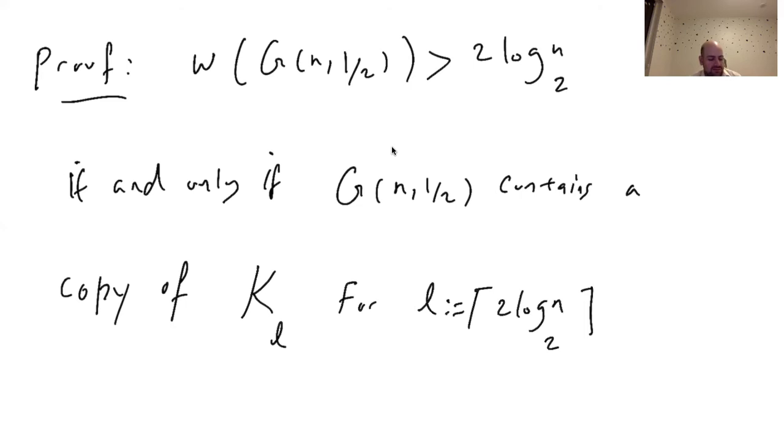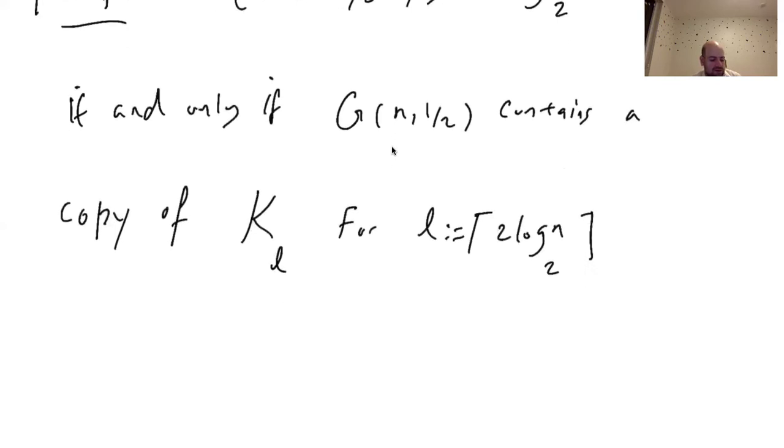Similarly, with this similar argument, we can see that the clique number is bigger than 2 log n if and only if it has a copy of K_L for L equals this number.